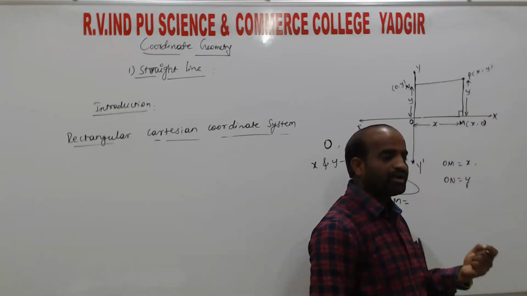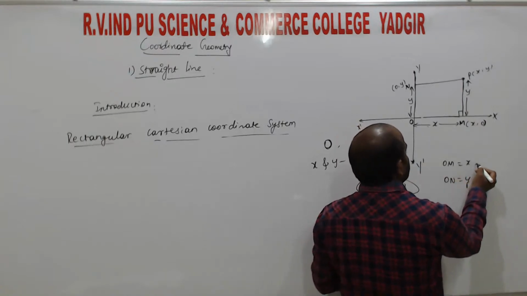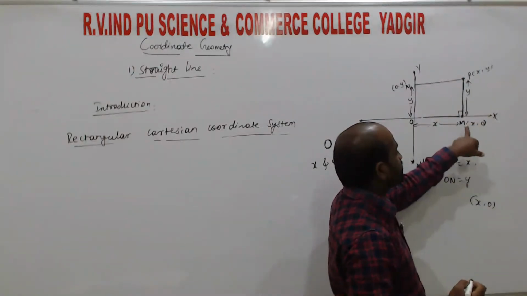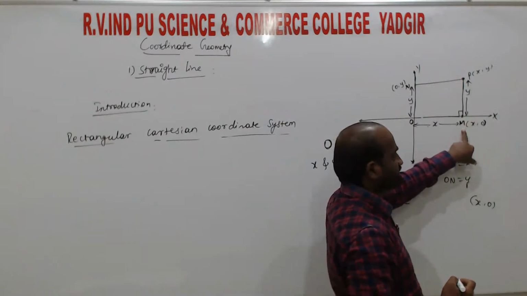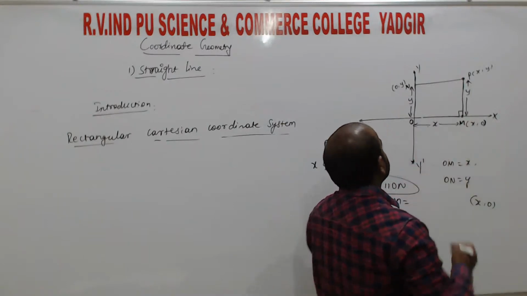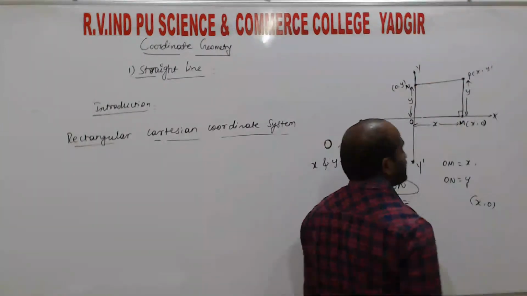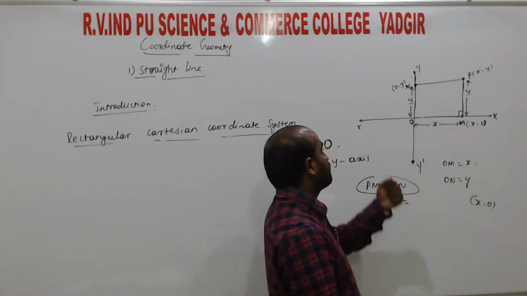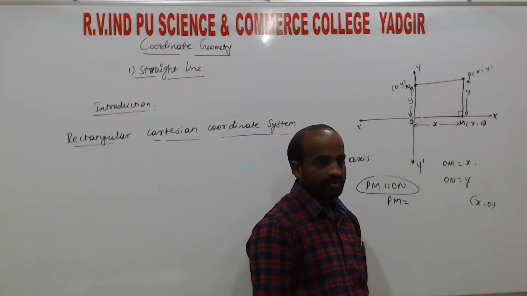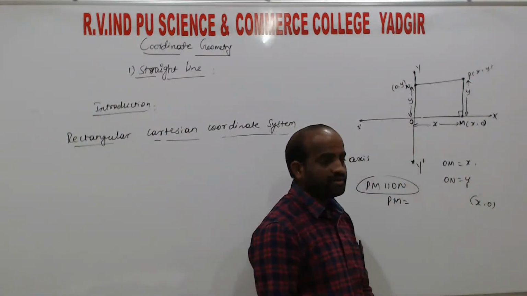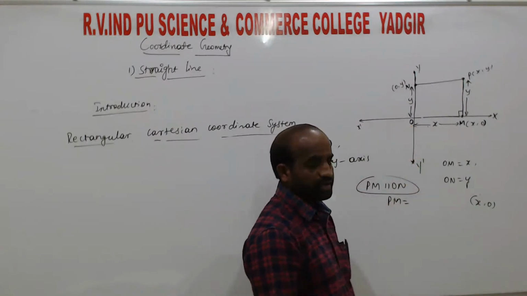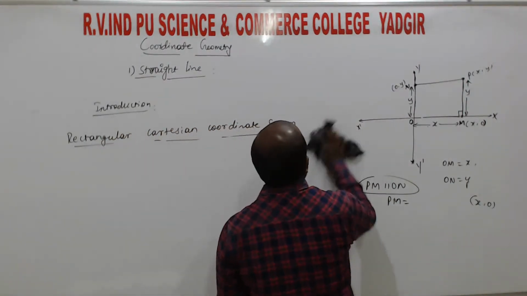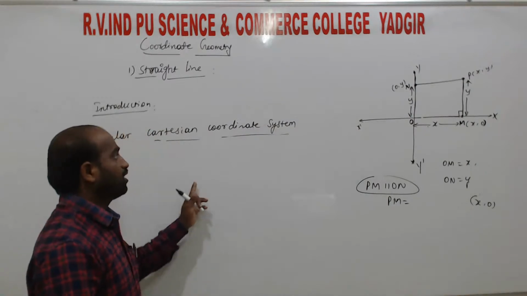The coordinate of any point on the y-axis will be of the form 0 comma y. ON is equal to y for the y-axis. This is the introduction part of the rectangular Cartesian coordinate system.